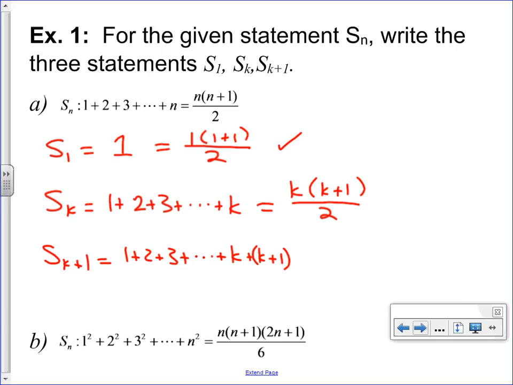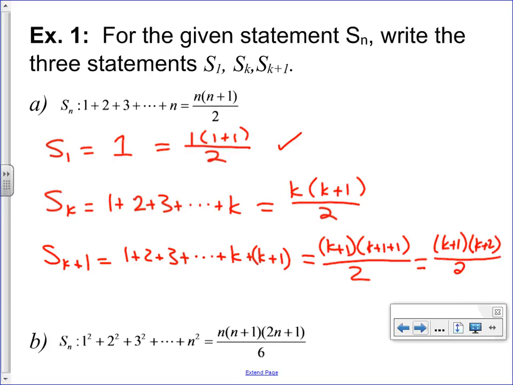Which, if you plug in K plus 1 wherever you see an N, it would be K plus 1 times K plus 1 plus 1 divided by 2, aka K plus 1 times K plus 2 divided by 2. And so the steps go prove, assume, then prove that it's a true statement. That's what we're going to do. So if you can get those 3 statements, we're good.